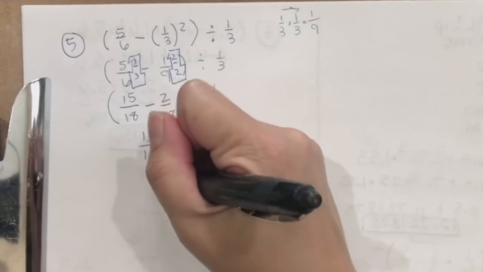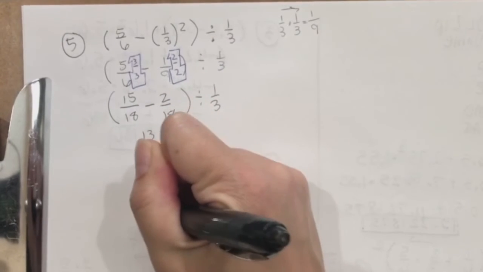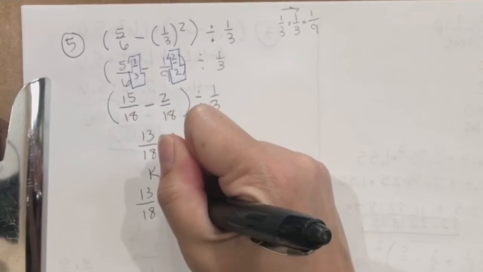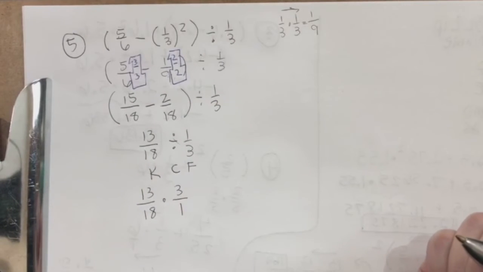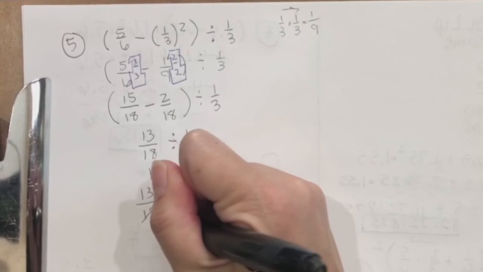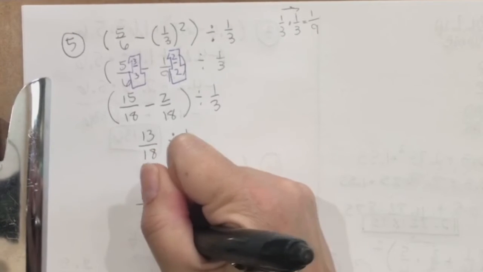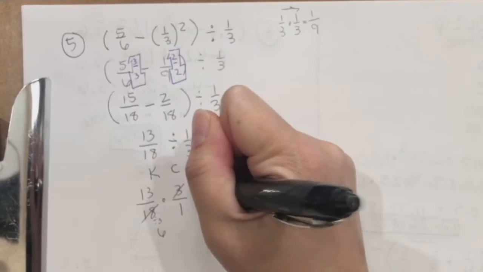So let's go ahead and do keep, change, flip, and we'll have 13/18 times 3/1. And I often forget to do this, but let's go ahead and cross cancel. We'll divide by 3, and 18 divided by 3 is back to 6, and 3 divided by 3 is 1.